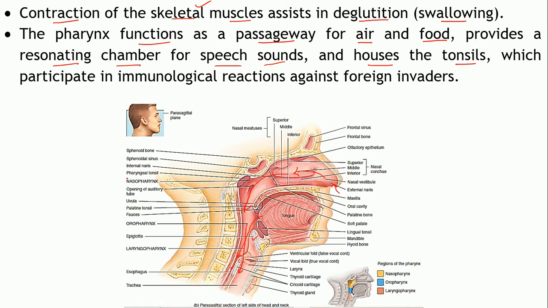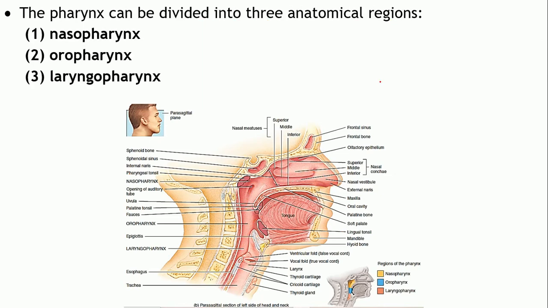There are pharyngeal tonsils present. Then the lingual tonsils are present over here, and palatine tonsils are present. These tonsils are part of immunity. They participate in the immunological reactions against any foreign substances which are entering the body.